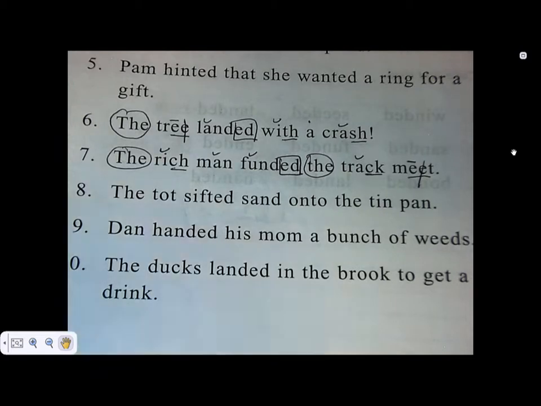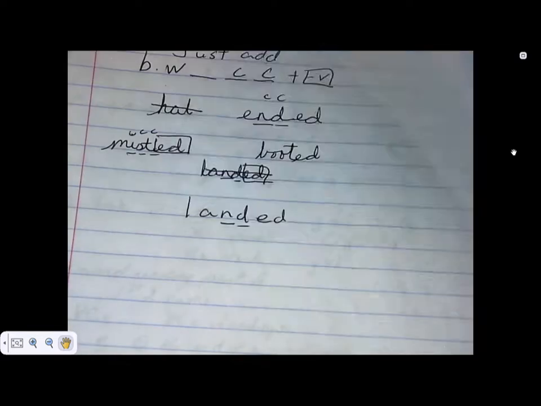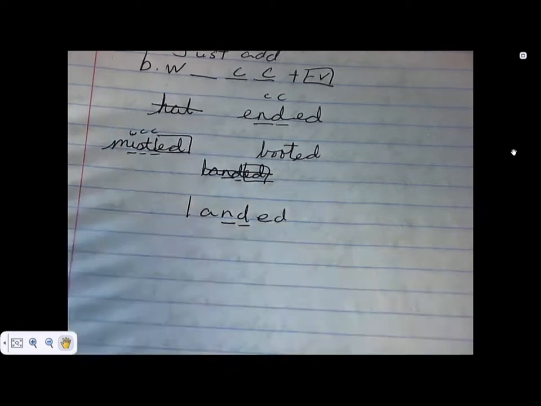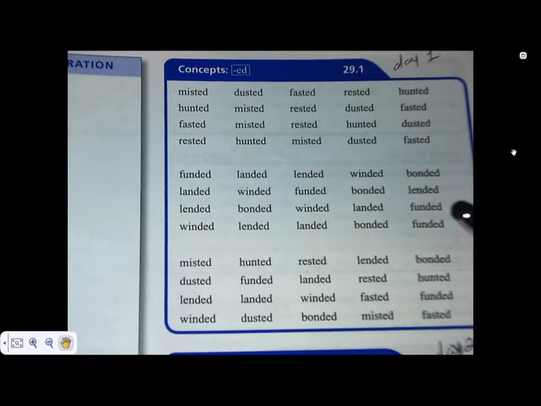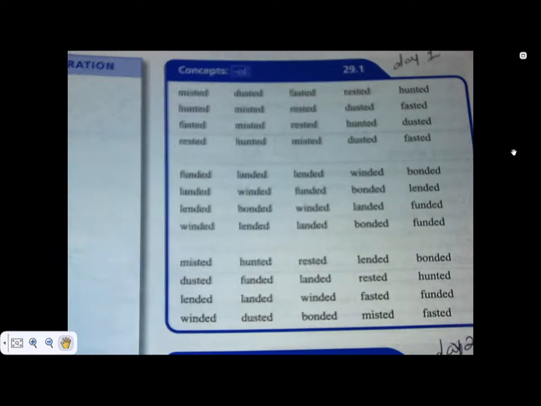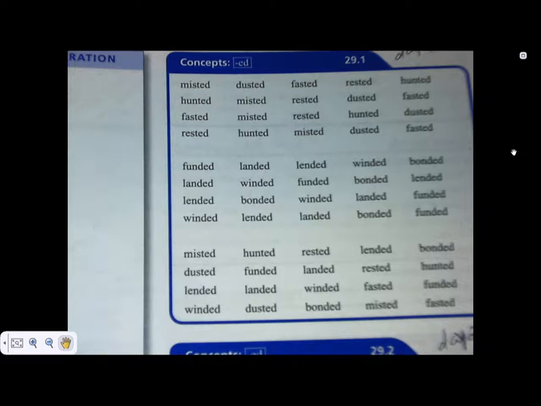And as we do, we're going to look at the page that has the repeated accurate practice, the RAP page. We're going to look at the one that has 29.1, and that middle set.